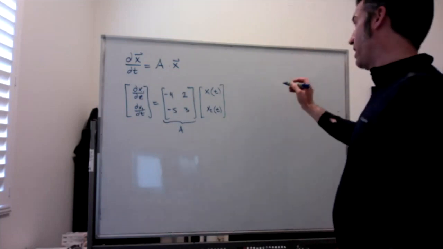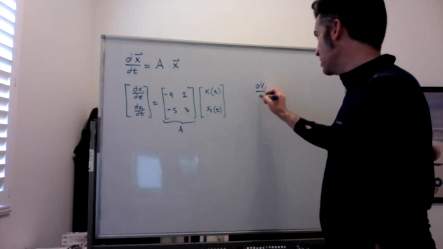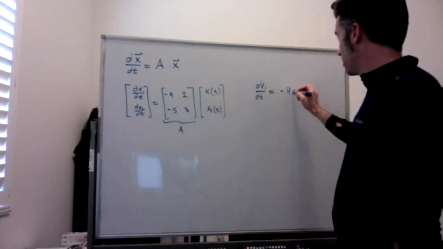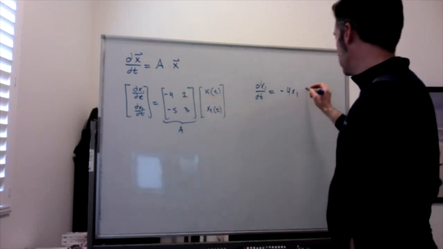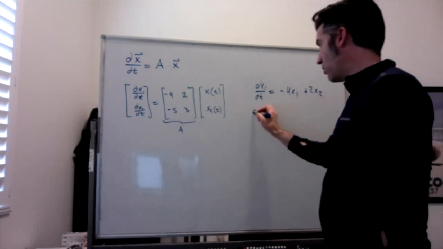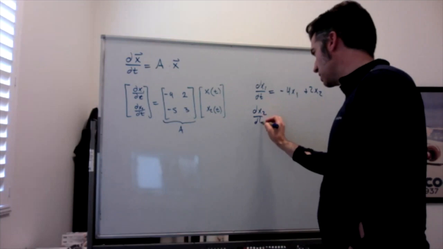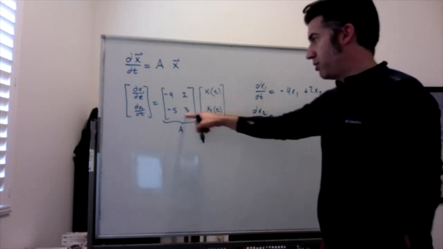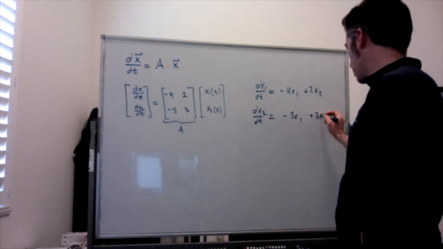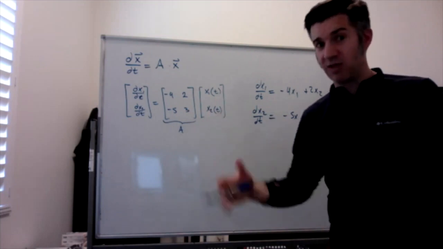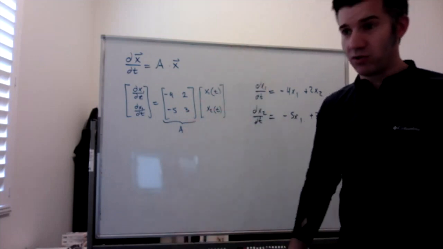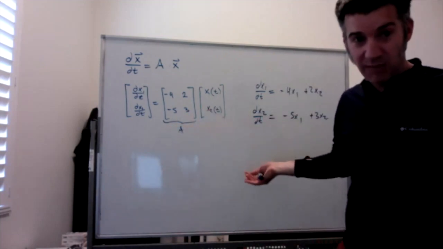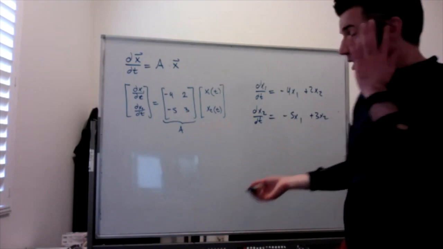I don't want to write out dx1/dt is equal to -4 times x1 plus 2 times x2, and dx2/dt is equal to -5 times x1 plus 3 times x2. But I want to make sure everyone is really super extra cool with the fact that this and this are literally the same thing, just written in different ways.